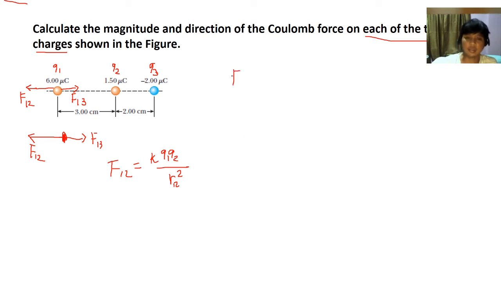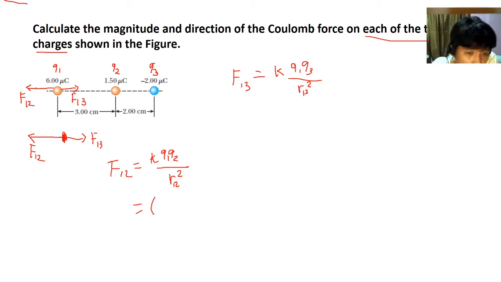Now F13, which is our other vector acting on Q1, is just Coulomb's law for Q1 and Q3, and let's call the distance between them r13 squared. Let me solve for k Q1 Q2 over r12 squared. Our k is always 8.99 times 10 to the 9.